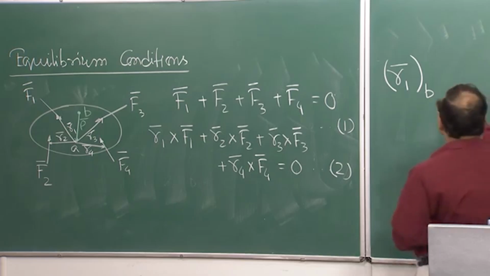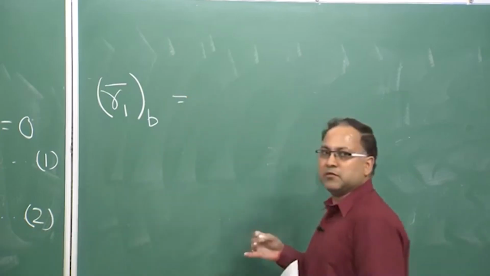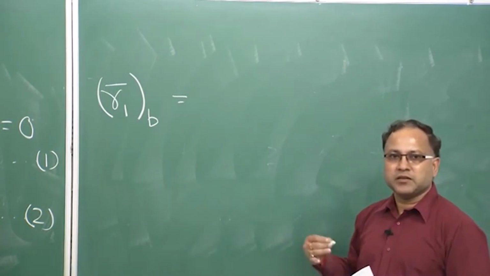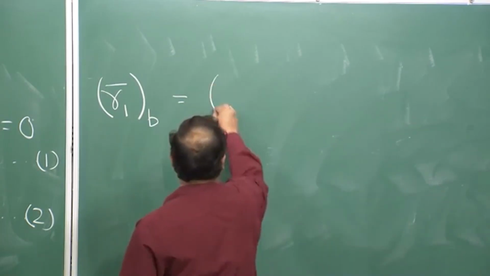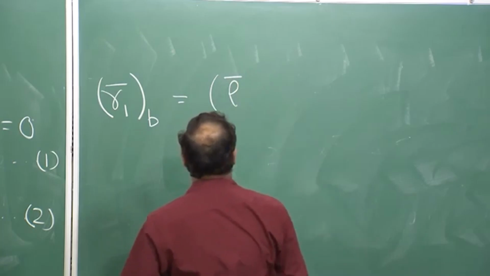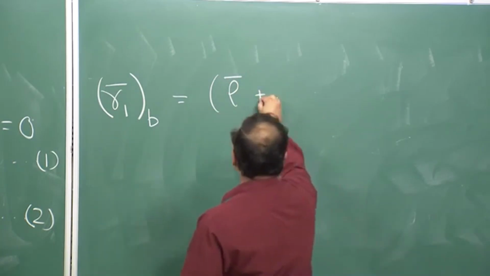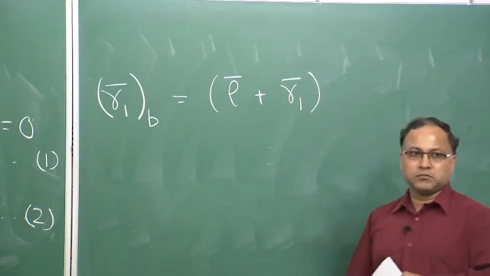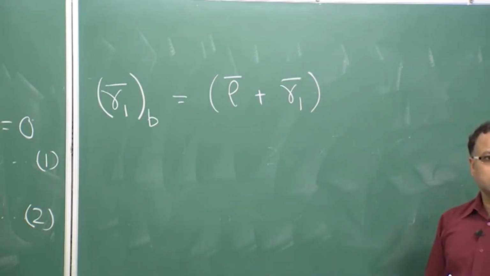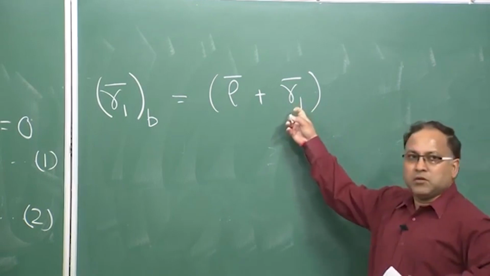From the vectorial rules, you can write R1B is simply equal to the displacement vector rho plus R1, isn't it? What is R1?